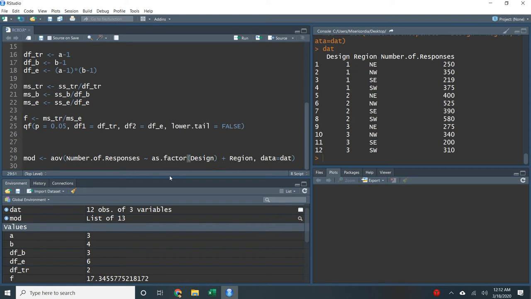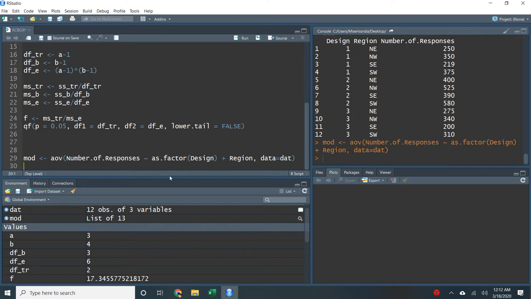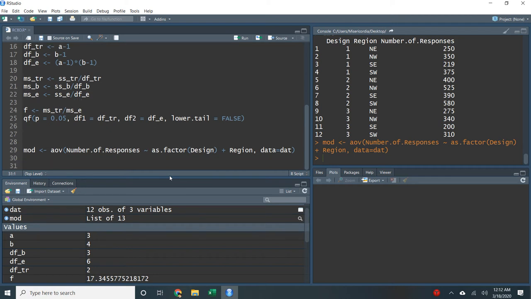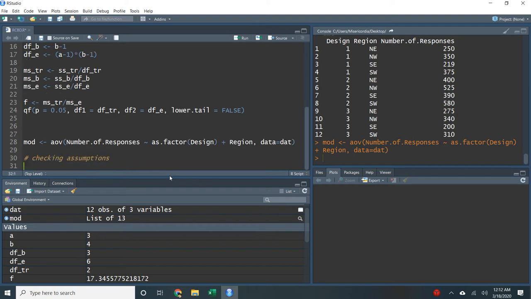If you wanted to, you could just double check your degrees of freedom in your model real quick to make sure R is reading that in appropriately so that you don't have to worry about checking it now. But from here, this is where we go forward and we check our assumptions.